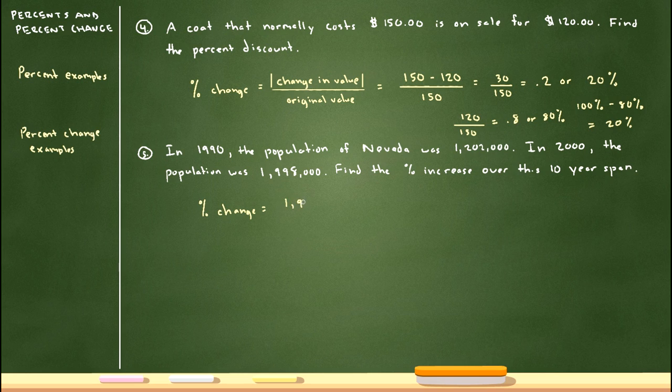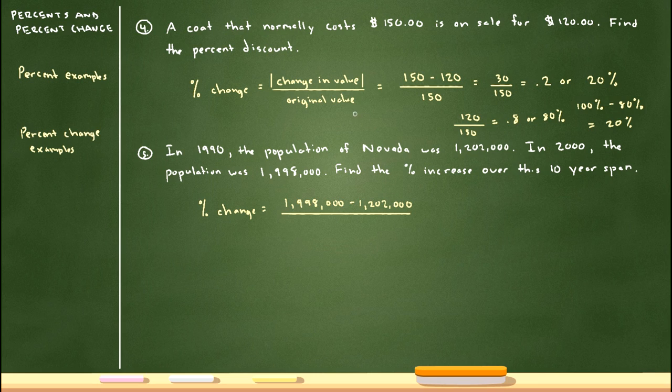Well, we have 1,998,000, and we're going to subtract 1,202,000, and then we're going to divide this by the original value. Okay, the same idea is going to hold here. We don't want to take the change in value and divide it by the new value. Okay, we want to divide it by the original value, and it just takes a little bit of work.